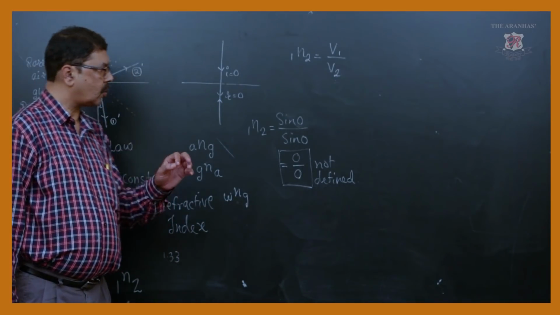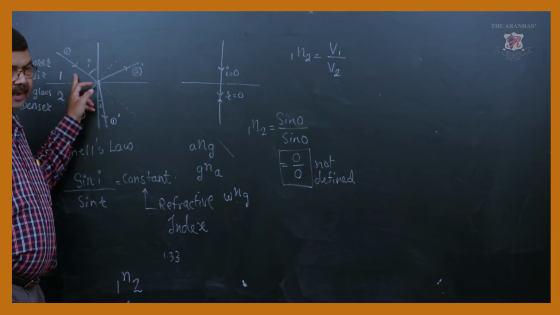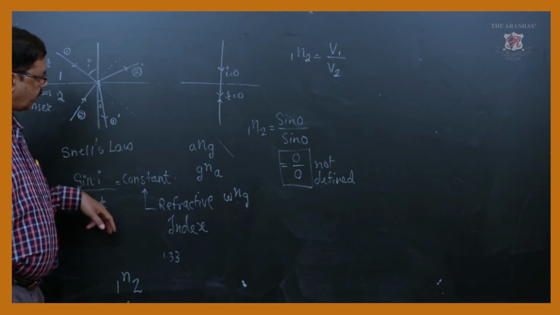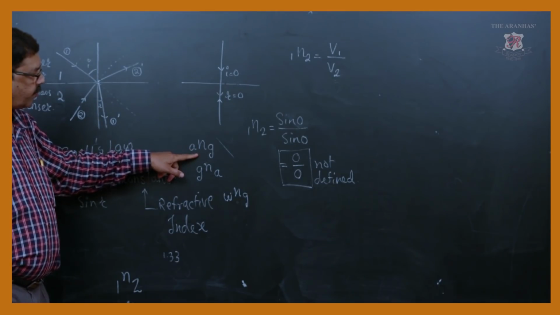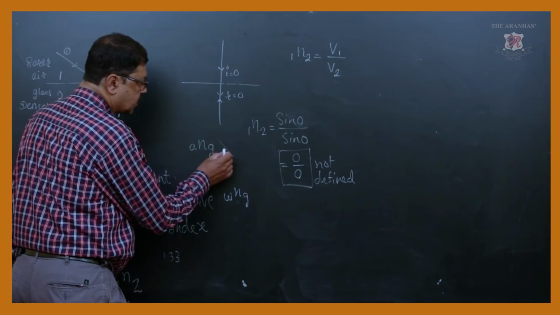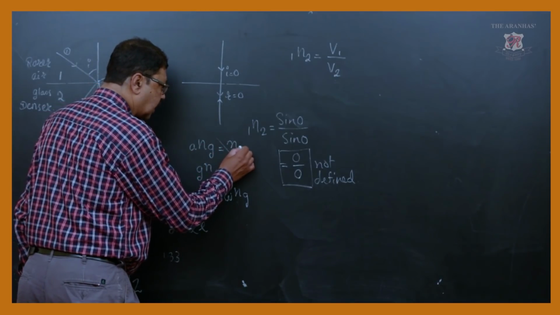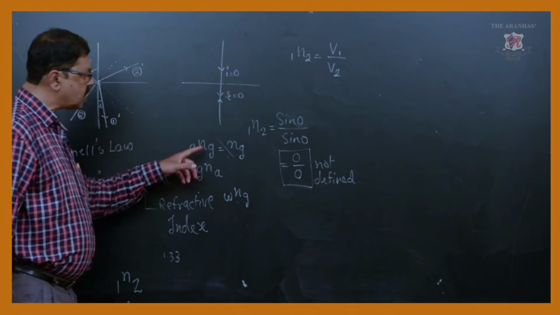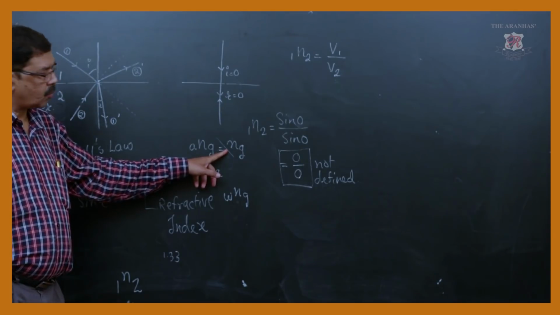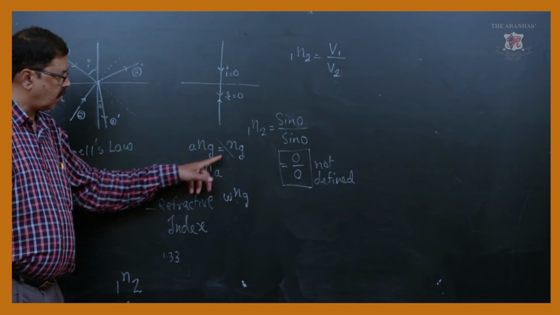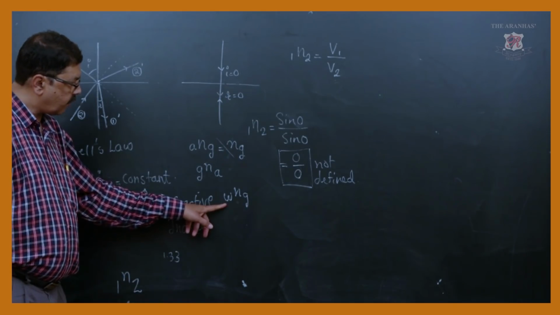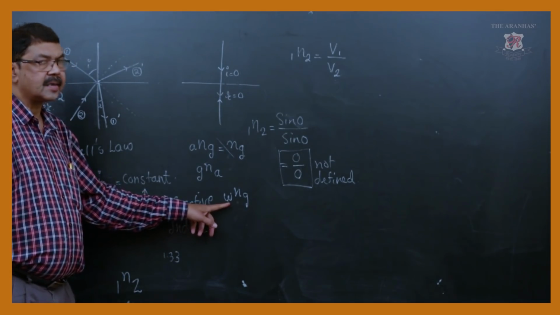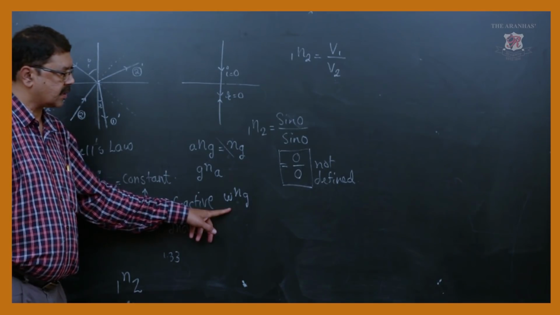One thing I forgot to tell you, if the first medium is air or vacuum, the refractive index like this is called absolute refractive index. Sometimes this will be mentioned as ng. If a is not written, you have to assume that a is there. In such a case, where the first medium is not air, such a refractive index is called relative refractive index.